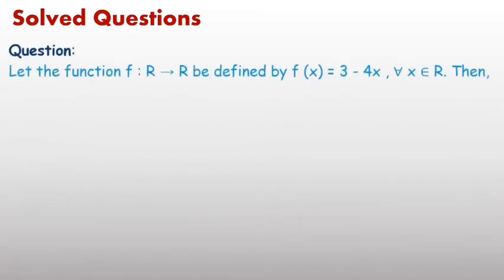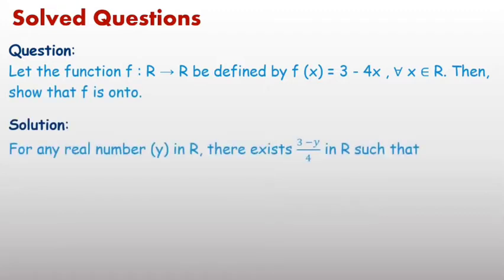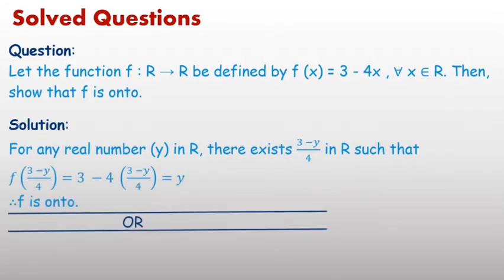Next question, f(x) equal to 3 minus 4x. You have to check whether it is an onto function or not. One method is given here, or second, an easy process. Just find out the range of this function. Here in the question, the codomain is given as real numbers, and range means possible values of f(x), and here the possible values of f(x) are all real numbers.